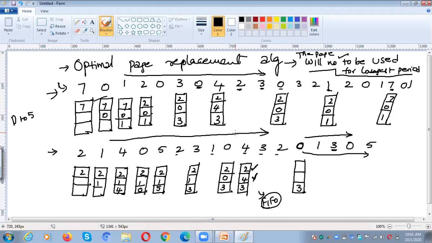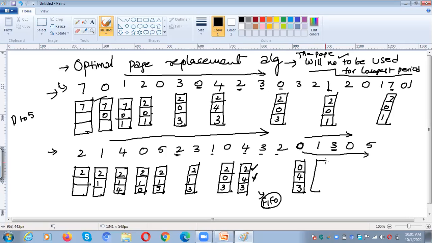In those 2, 3, ma'am, 2 came into the main memory first when compared to 4. 2 appeared first when compared to 4. That means 2 came into the main memory first when compared to 4. That is the reason why I replaced it with 2. Did you get my point?